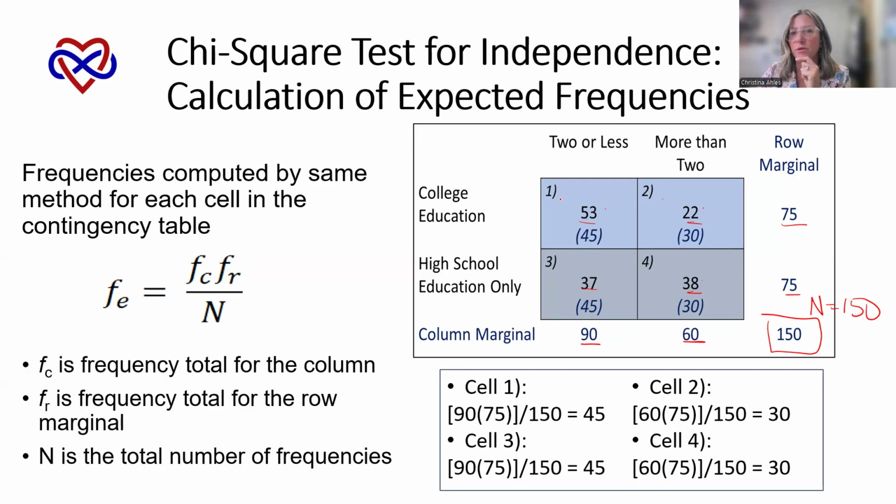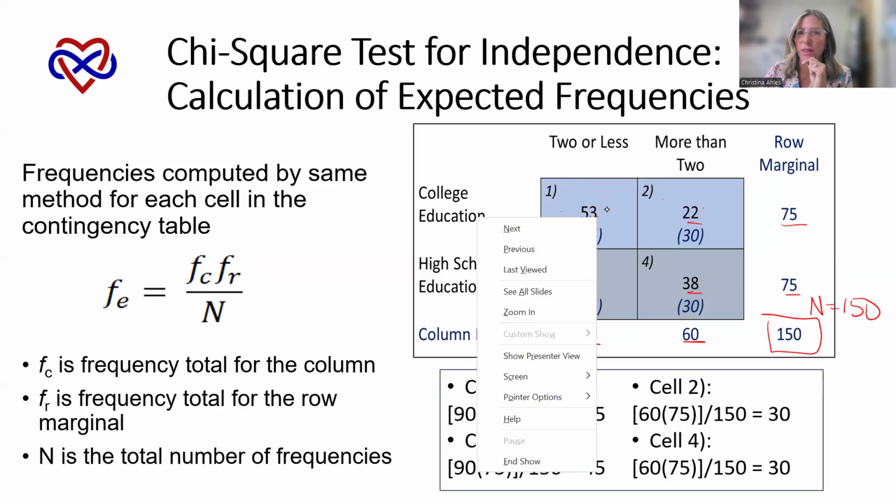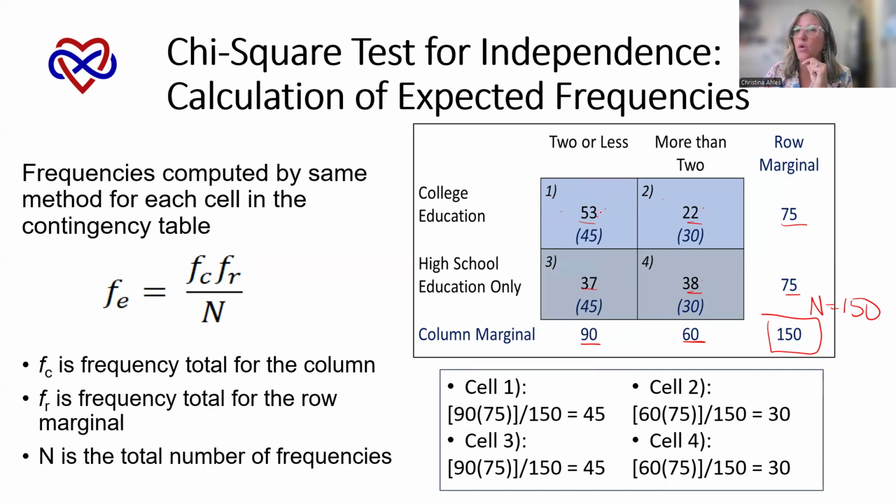I usually number my cells, so for cell 1, I'm not going to do anything with 53. What I'm going to do is look at what my total is in that row. The total in that row is 75, and the total in that column for 53 is 90.